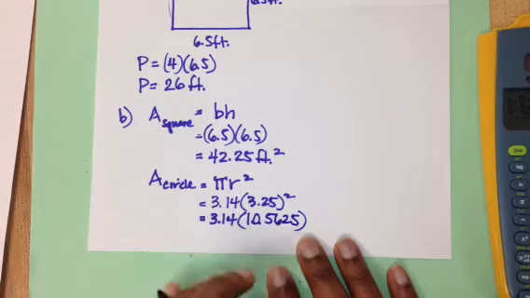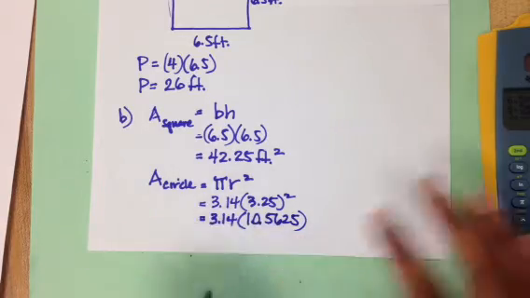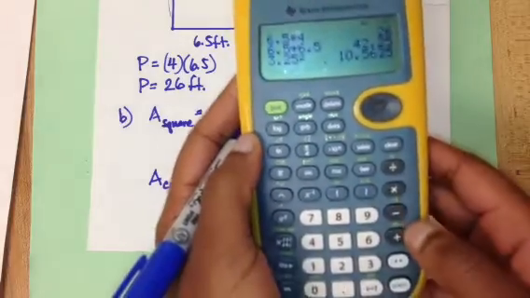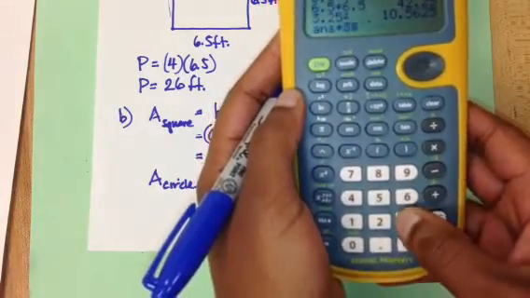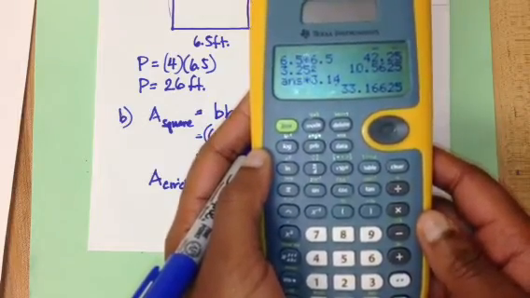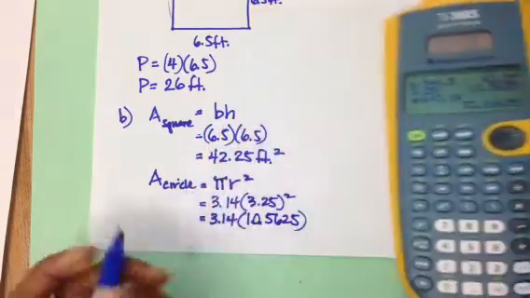So I'm going to leave all of the values until we multiply everything out. So we have 10.5625 multiplied by 3.14, and that gives us 33.16625.